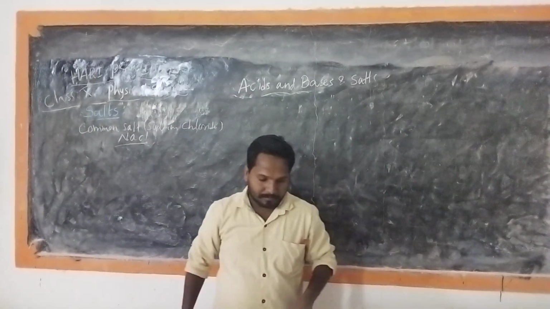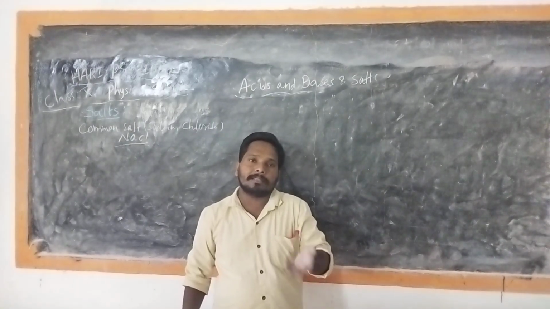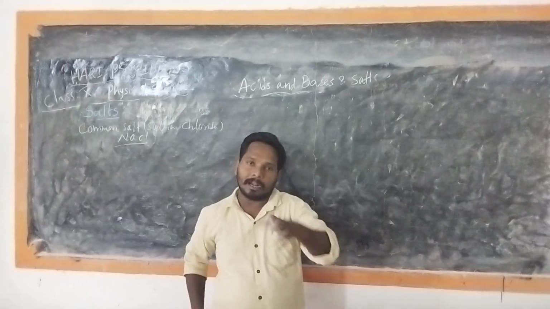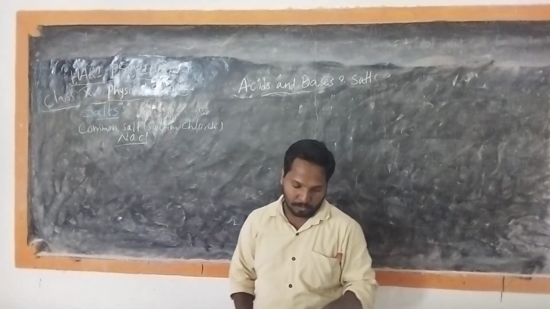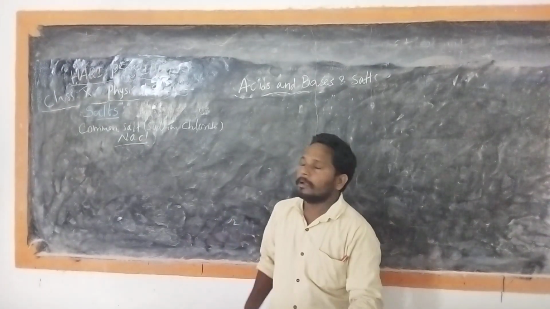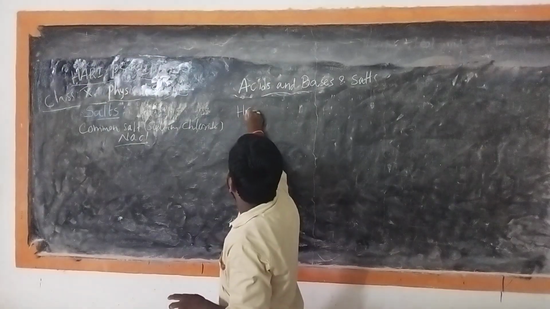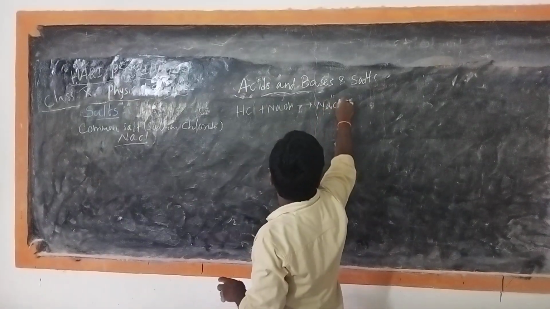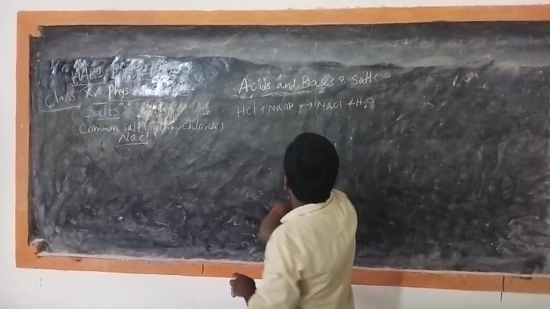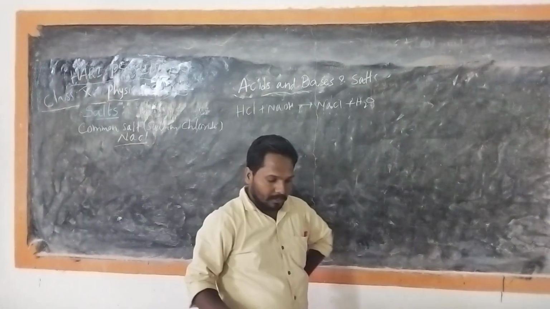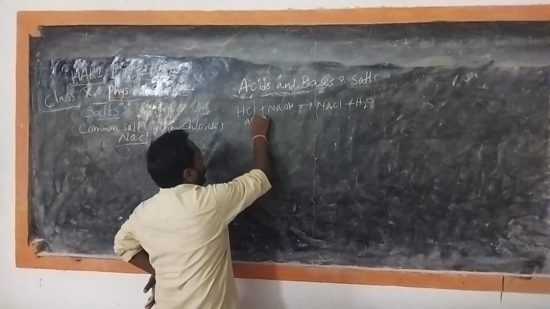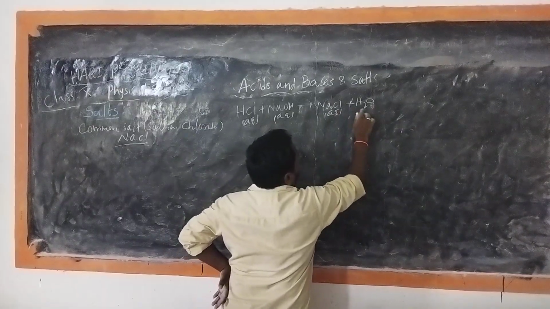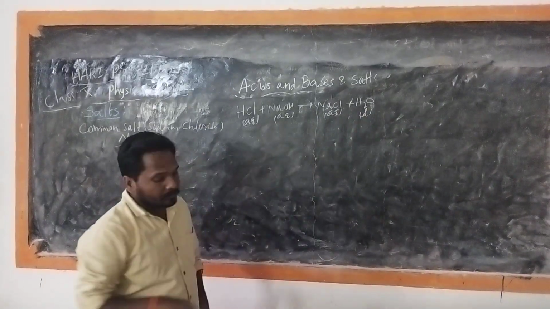Sodium chloride is generally called salt in our dialect. How is this obtained? By the reaction between hydrochloric acid and sodium hydroxide, forming sodium chloride and water. Every time write aqueous solution, then liquid and liquid.